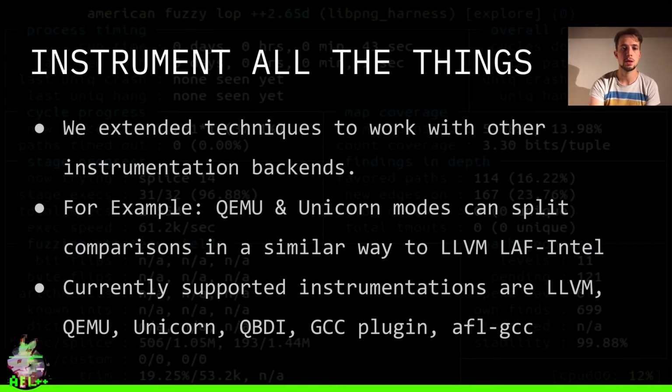What we did was add something similar to the LAF-Intel LLVM pass to QEMU and Unicorn mode, so we can split comparisons while running inside the emulator. And we have a lot of different backends, for example QBDI. We also have different plugins for GCC and LLVM mode, and we still support, even though it's deprecated, AFL-GCC, the old school target.